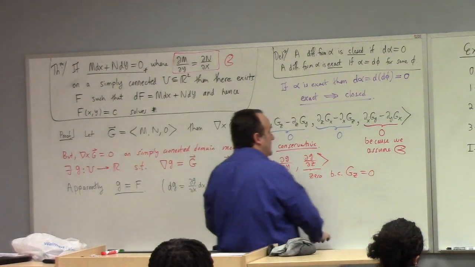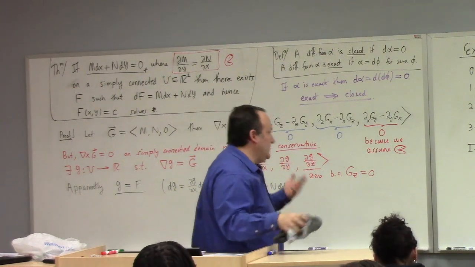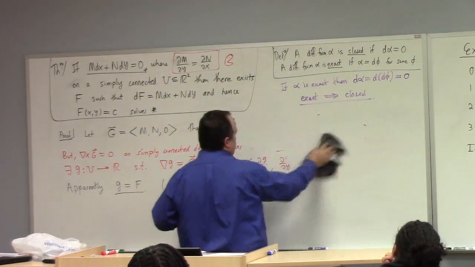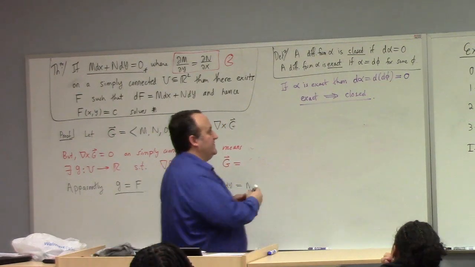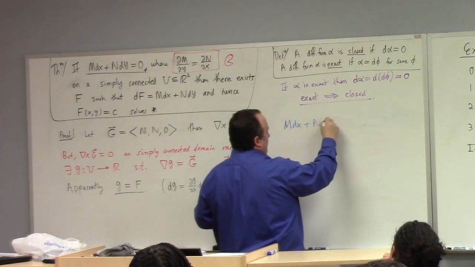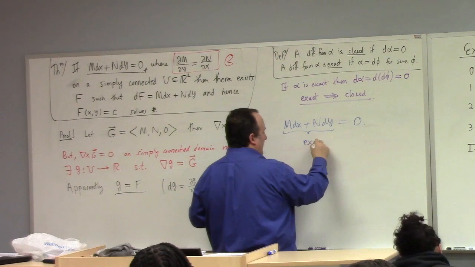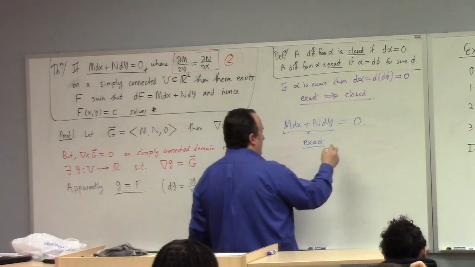All right? But think about this. Let's get back to differential equations for a second. We were studying exact equations. What does it mean for an equation to be exact? What does it mean for the differential equation M dx plus N dy equals 0 to be exact? When partial N partial y is equal to partial N partial x.